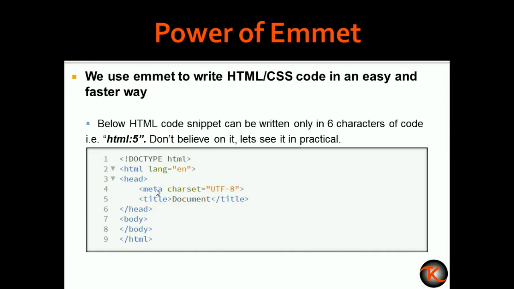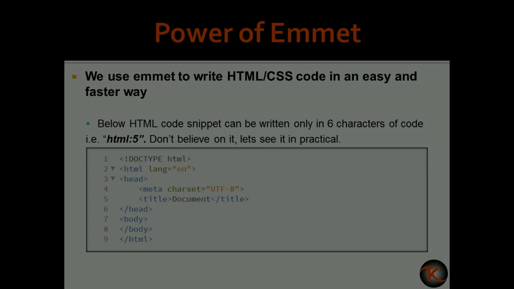So we use Emmet to write HTML and CSS code in an easy and faster way. The HTML code below can be written in only 6 characters, that is html:5. If you don't believe it, let's see that in practical. So let me go to the code editor.